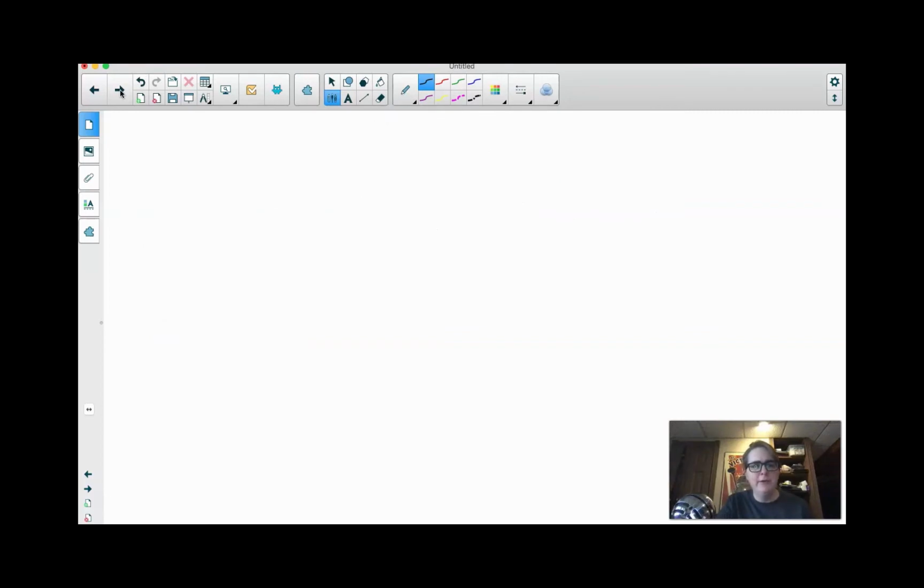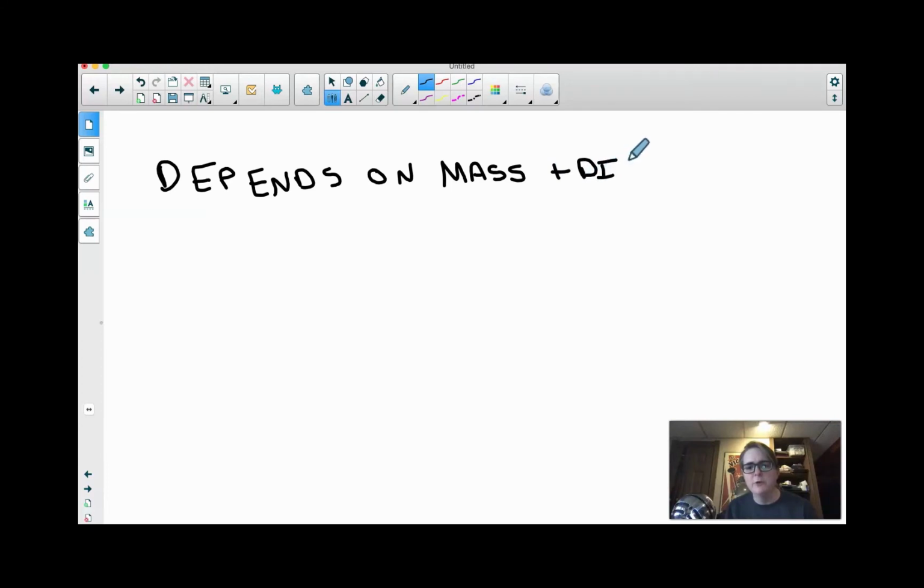So what that leads me to is that rotational inertia depends on how much mass and how it's distributed. So where that mass is. And so different shapes are going to have different rotational inertias, even if they have the same mass.